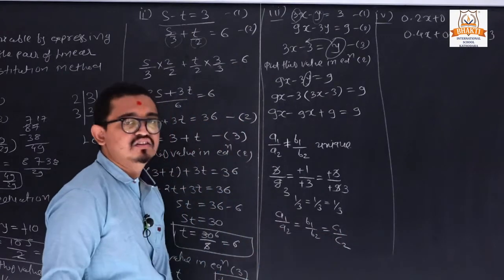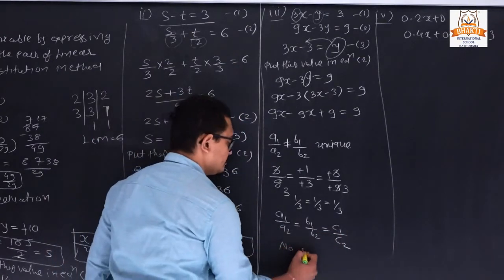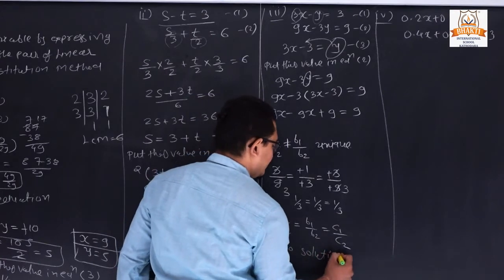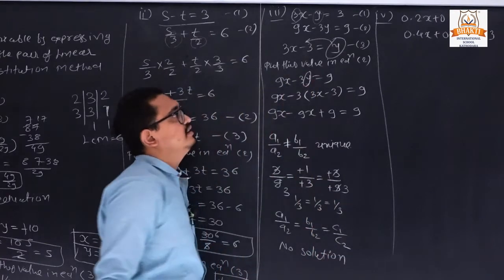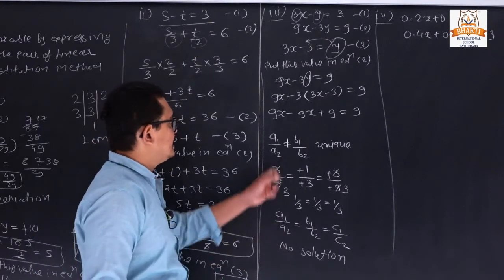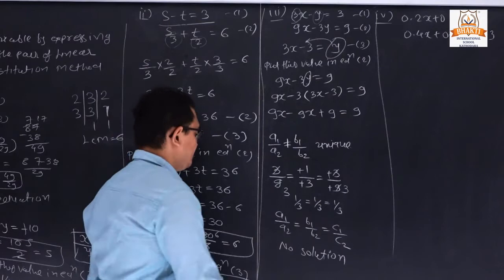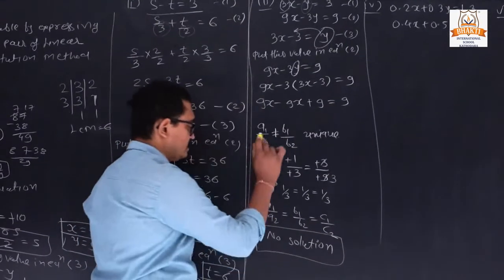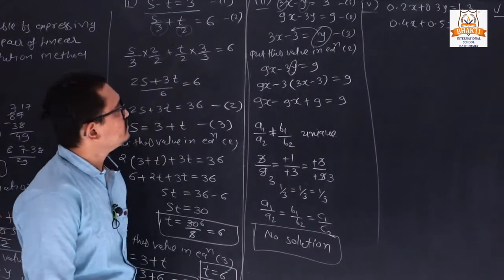So all are equal. So it means what? No solution. Clear? We cannot find the solution of that pair of linear equations because here we cannot satisfy this condition. So here I am writing no solution for that equation.